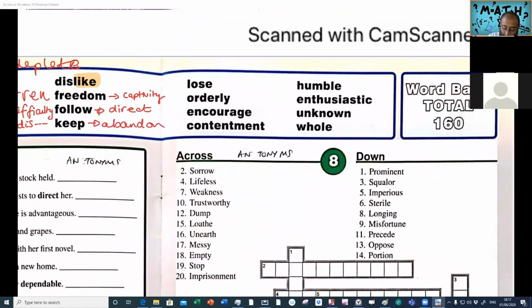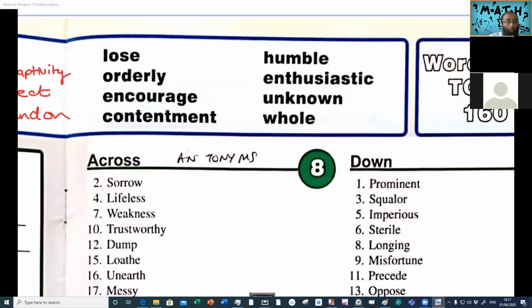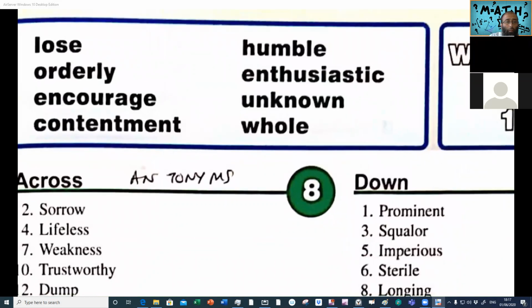Okay, good. Okay, next. Let's have Madam Aisha, please. What's the opposite of lose? To find. The opposite of orderly? I don't know. Orderly is when something's in order. The opposite is chaos or mess. What's the opposite of encourage?